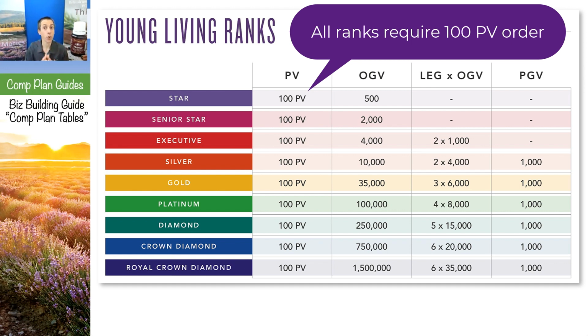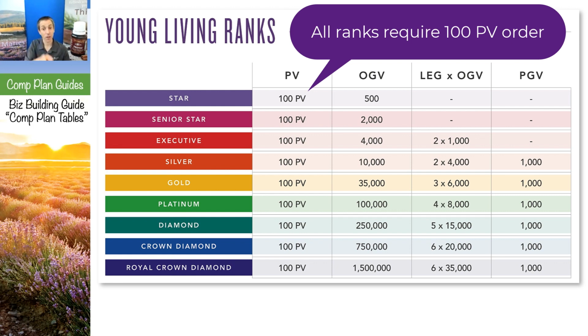That's an important differentiation to understand compared to earning commissions. Because you saw in the previous table that there were various bonuses you could earn with just a 50 PV order. But if you want to qualify for any of the Young Living ranks, you have to have a 100 PV order in the month to qualify at that rank.